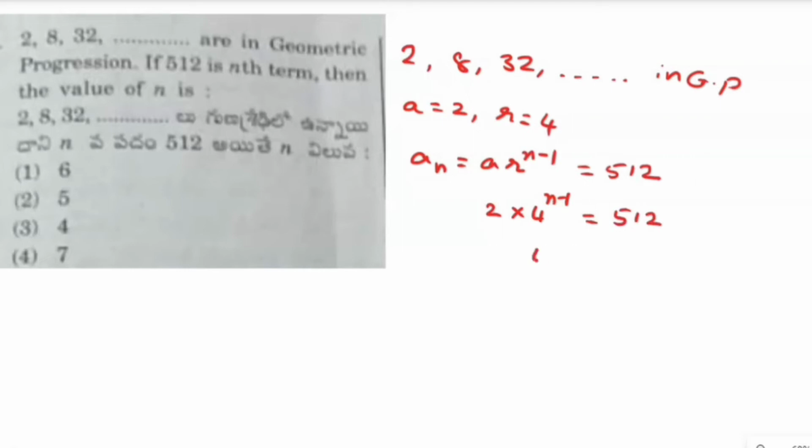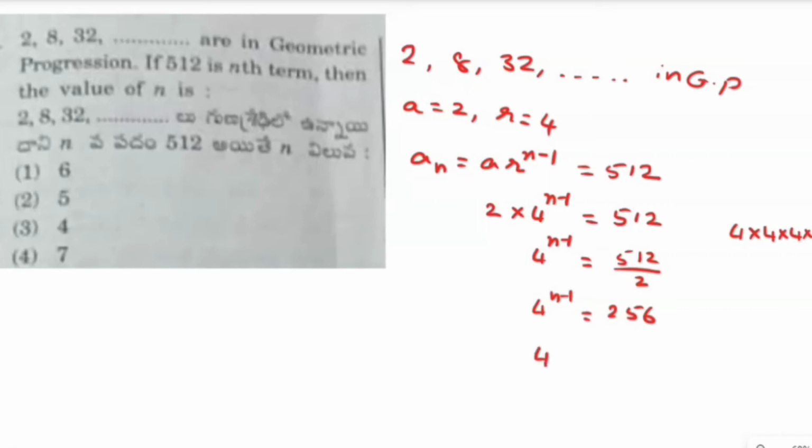So let us write 4 power n minus 1 is equal to, sending 2 to the other side, 512 divided by 2. That means 4 power n minus 1 is given as, if you divide 512 with 2, you will get 256. So this 256 is nothing but 4 multiplied with itself 4 times. 4 into 4 into 4 into 4 is 256.